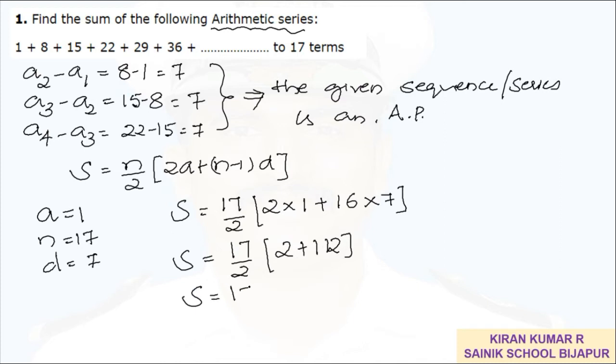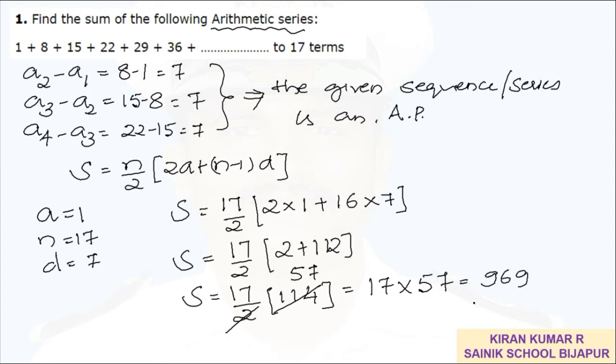So the sum is 17 by 2 times 114. It is divisible by 2 as 57. So 17 multiplied by 57, I get 969. This will be the sum of 17 terms.